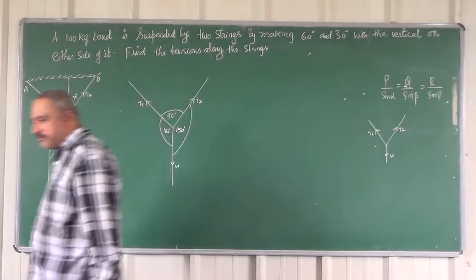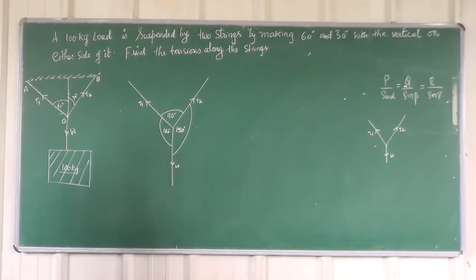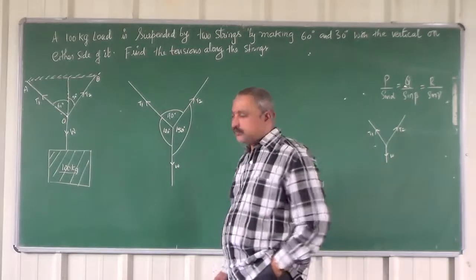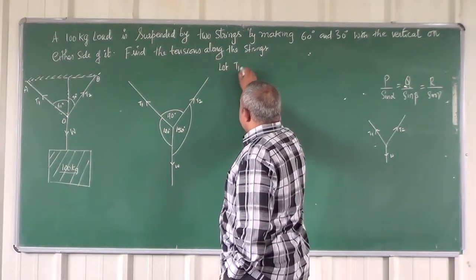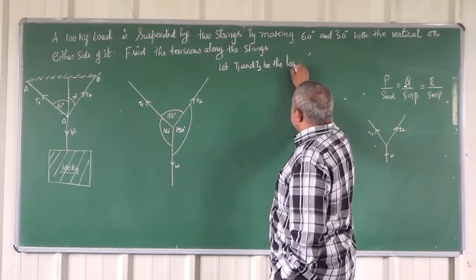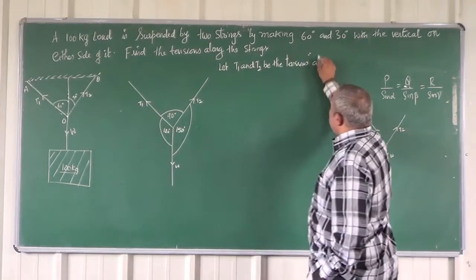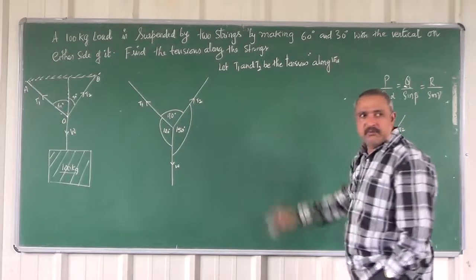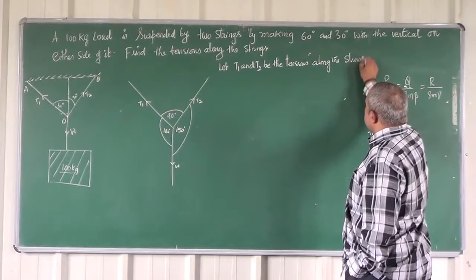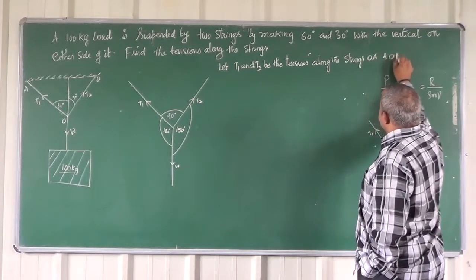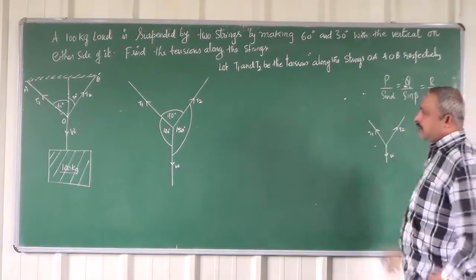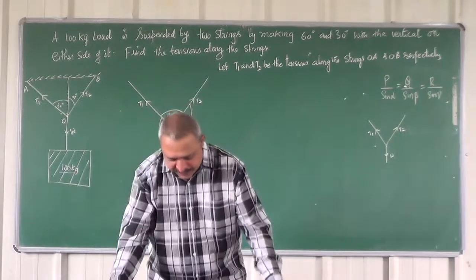And after writing the second diagram, you write, let T1 and T2 be the tensions along the strings OA and OB respectively.